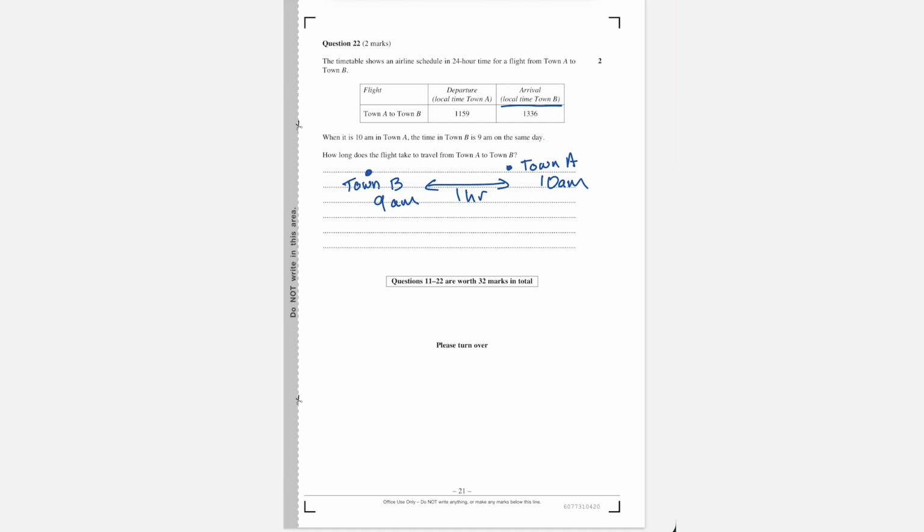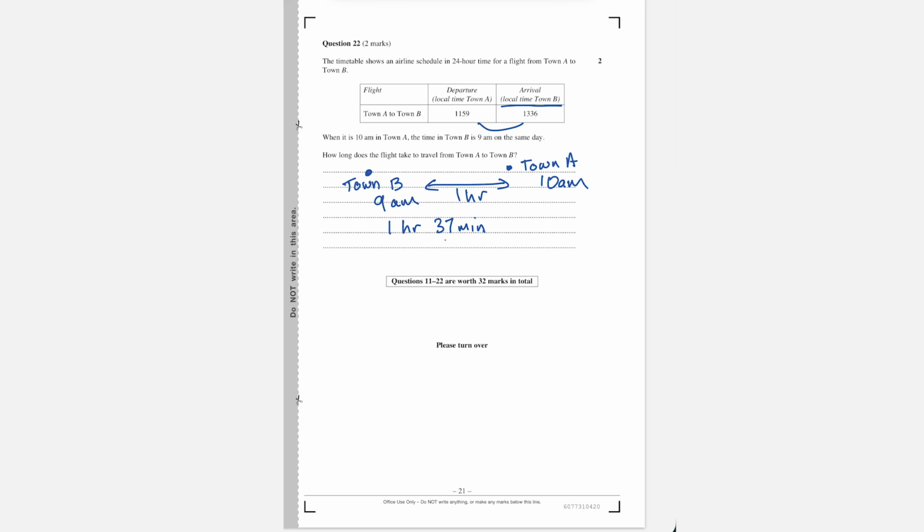All right, so if we just look at the difference in these two times, it's going to take 1 hour and 37 minutes to travel from town A to town B, but we have to add on this 1 hour time difference. So if we're going from town A to town B, we're actually going back in time by 1 hour. We're losing an hour.